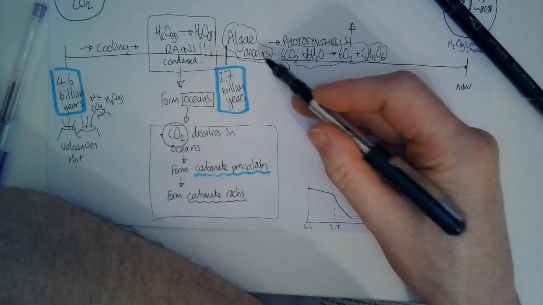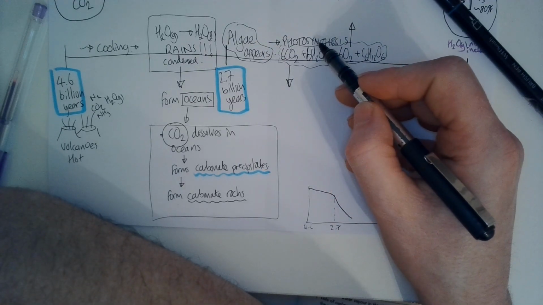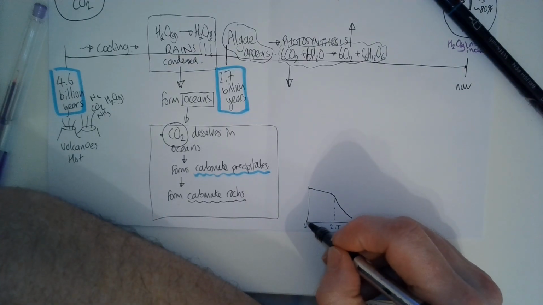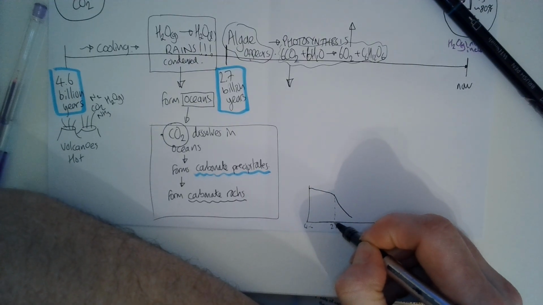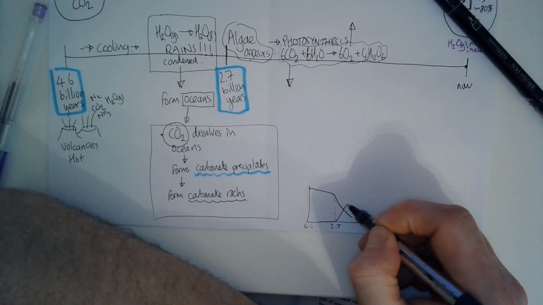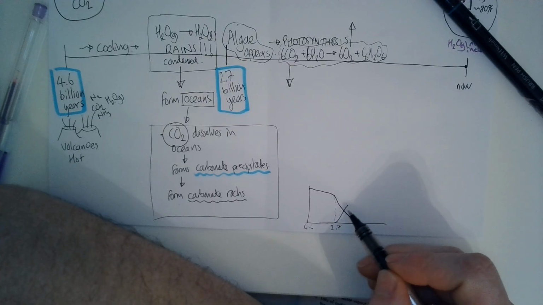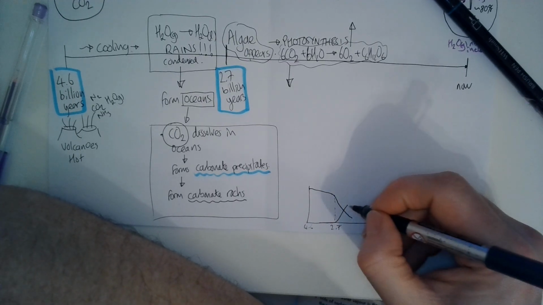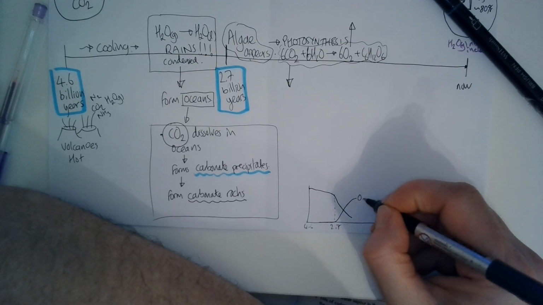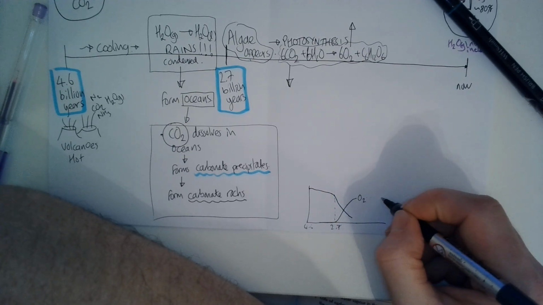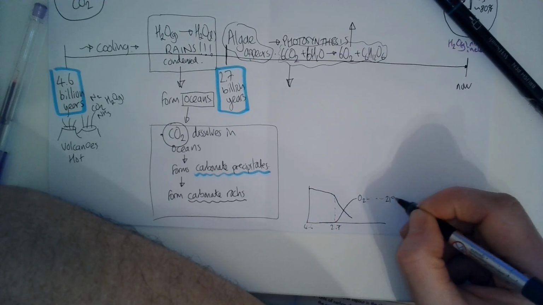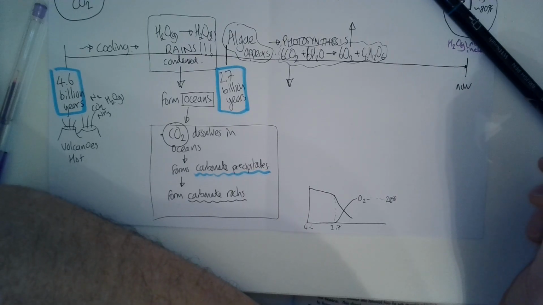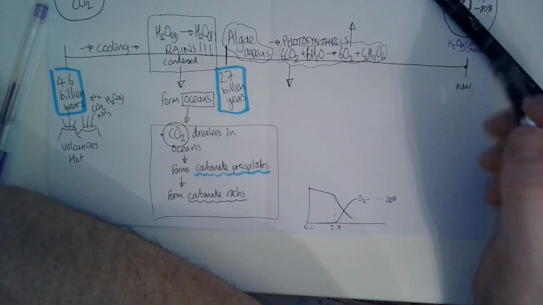And you go, algae appears and starts to do photosynthesis. At the same time, you could draw a graph here, and then this line starts to come up like that. What does this line represent that starts to appear at 2.7? Well, of course, that's oxygen gas, which eventually levels out at around about 21% or 20%. Okay, so they could give you graphs like this.